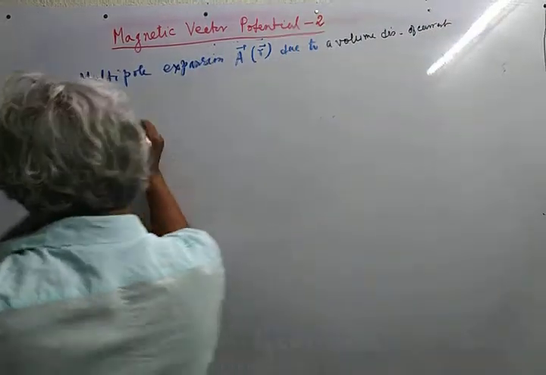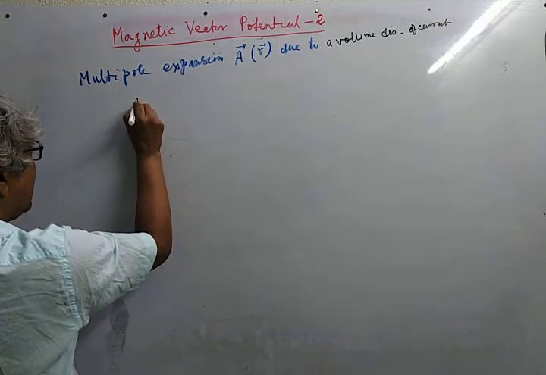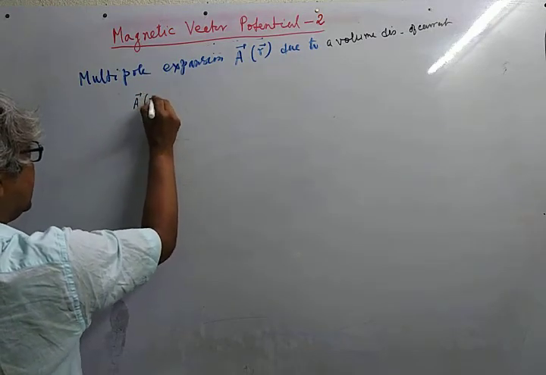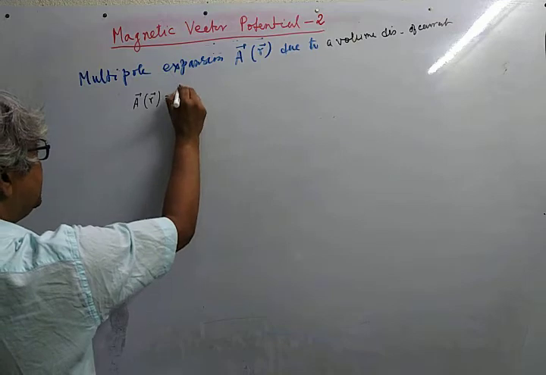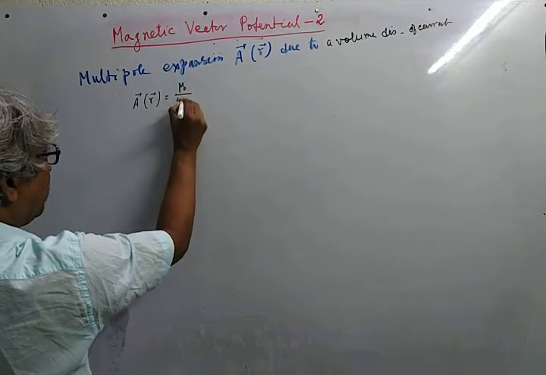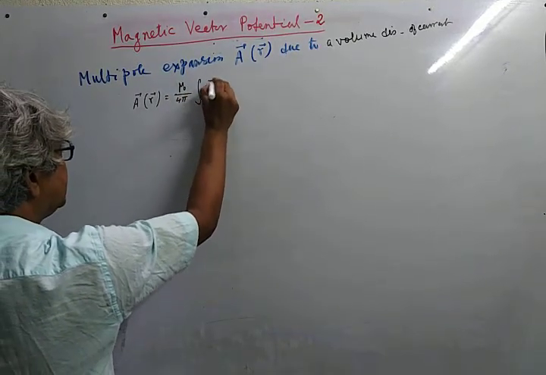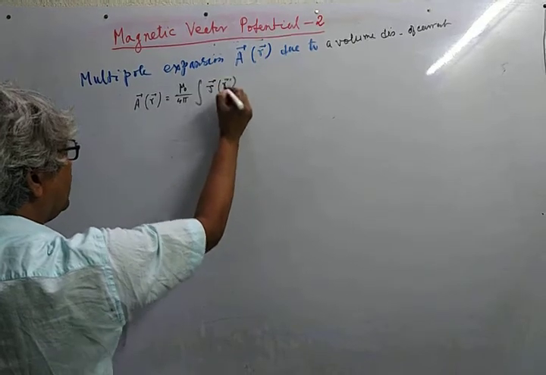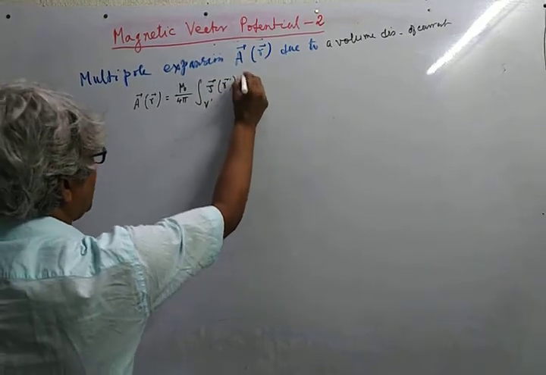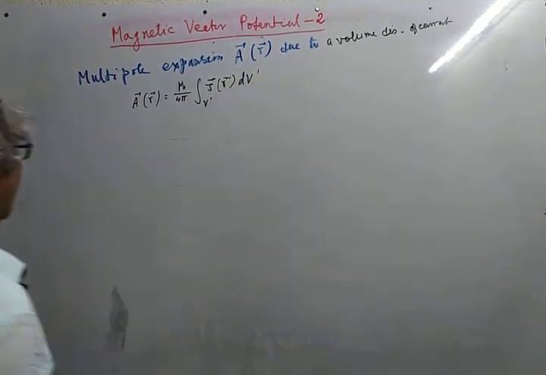In that case, the vector dipole potential is given by mu 0 upon 4 pi integration j of r prime dv prime.